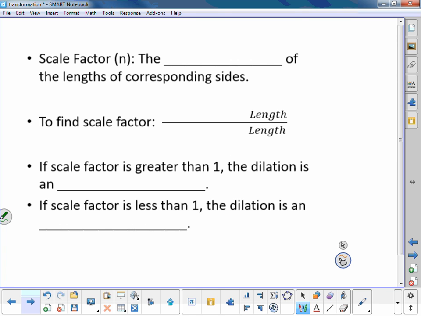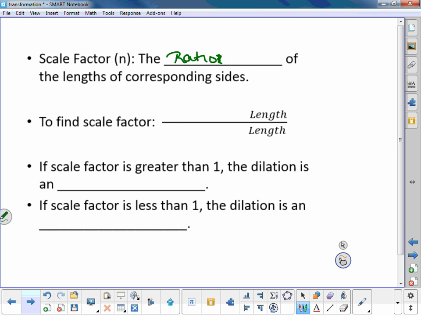Now, the scale factor. Okay? The scale factor is the ratio of the length of a corresponding side.